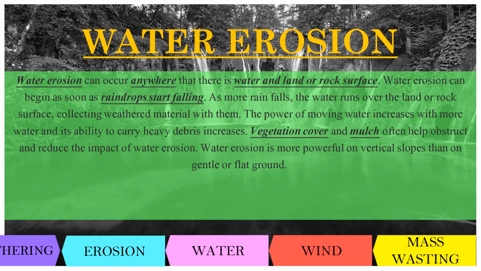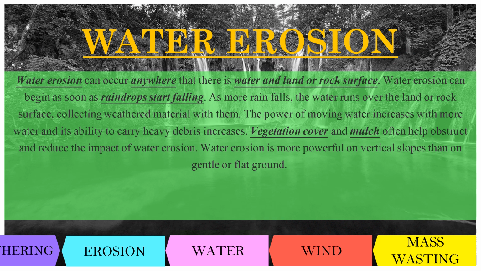Water erosion can occur anywhere that there is water on land or any rock surface. Water erosion can begin as soon as raindrops start falling. As more rain falls, the water runs over the land or rock surface, collecting weathered material with it.